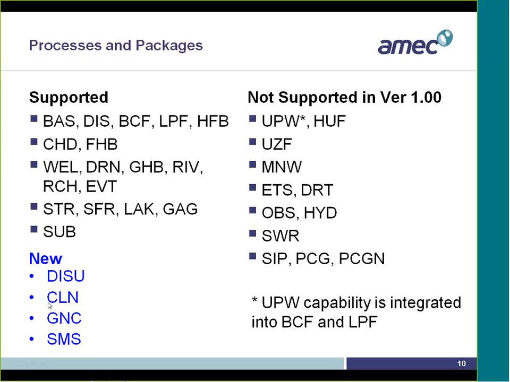Then you have this connected linear network package, and that provides you currently only circular conduits, but you have a network of connected line elements or linear cells which connect to each other and to the groundwater flow domain. And then finally, this GNC package, which is the ghost node correction package, which we will talk about a little more later.